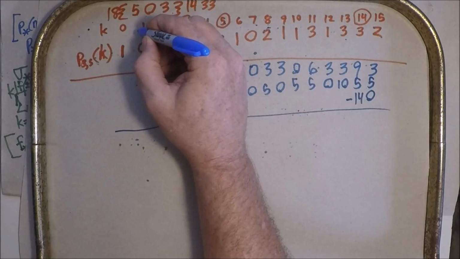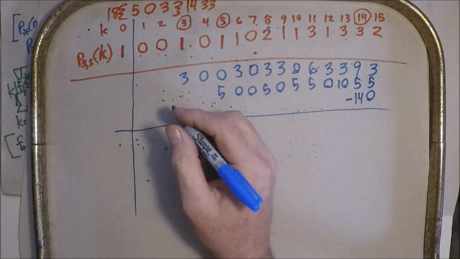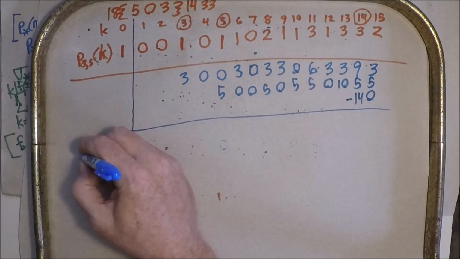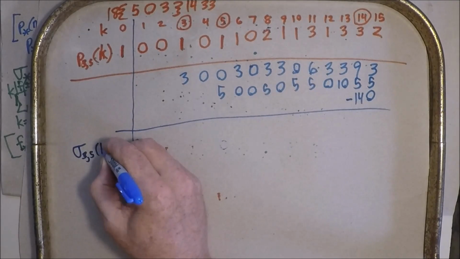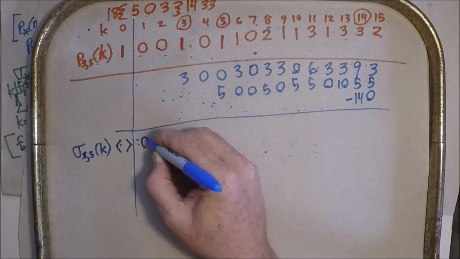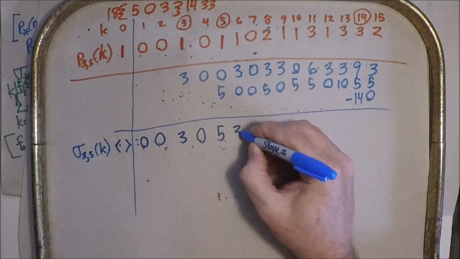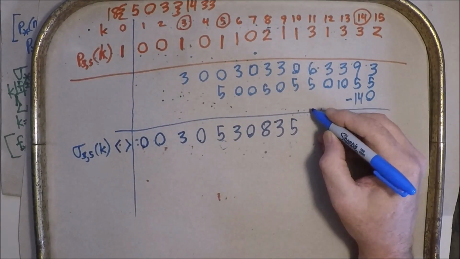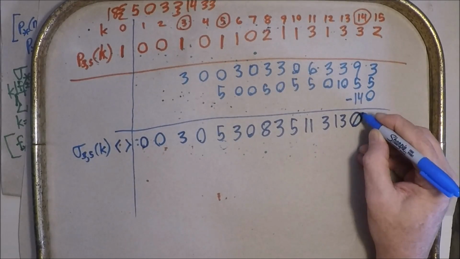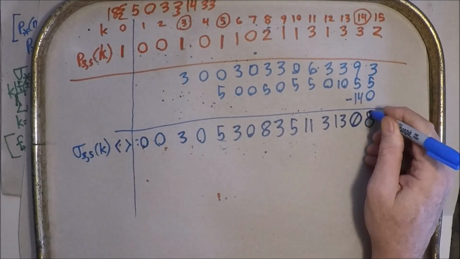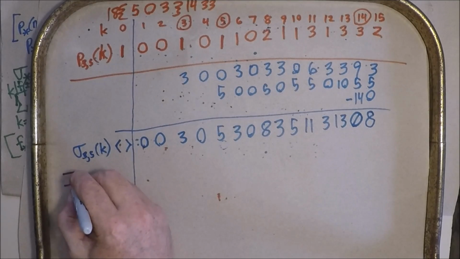So let's start with from k equals 1 here. And we have sigma 3, 5. Okay, so 0, 0, 3, 0, 5, 3, 0, 8, 3, 5, 11, 3, 13, and 0, 14, and 8. Alpha plus beta is 8, so we're mod 8.